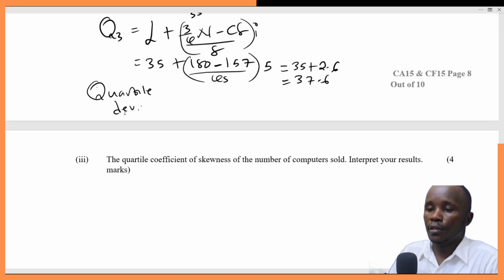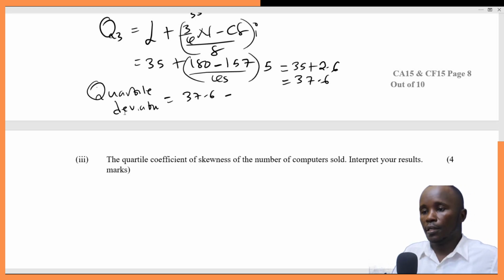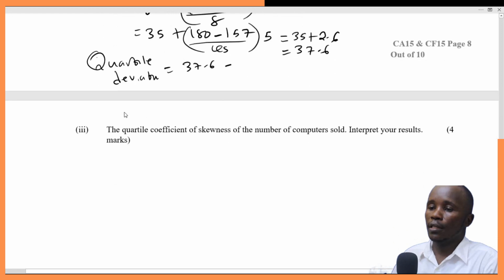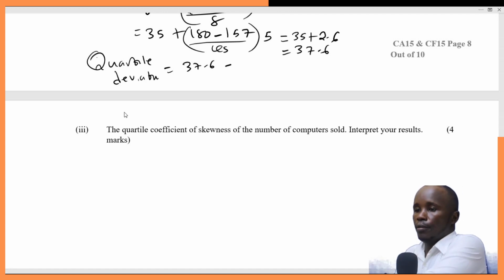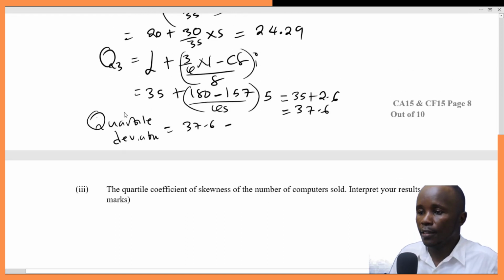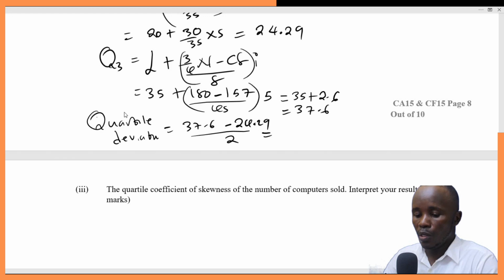So how do I get my quartile deviation? Quartile deviation is 37.6 minus Q1, divided by 2. Q1 is 24.29. So 37.6 minus 24.29, divided by 2.